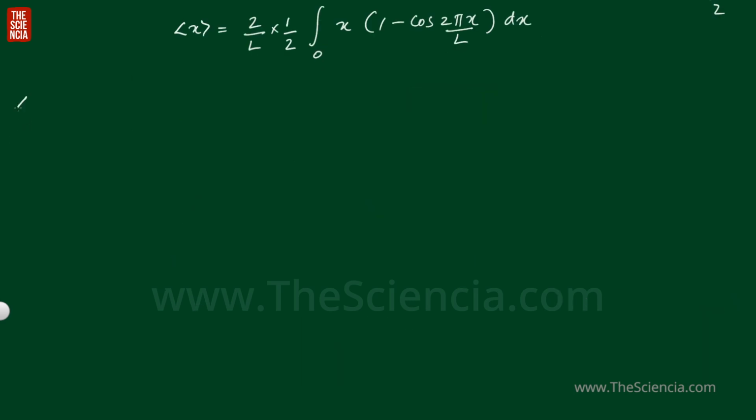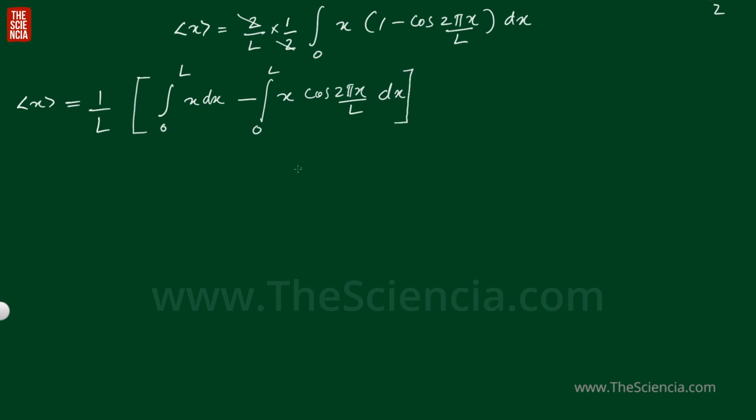Again, I am going to rewrite this equation. Here we can cancel this 2 and 2, so we get 1 by L into integral 0 to L x dx minus integral 0 to L x cos 2 pi x by L dx.